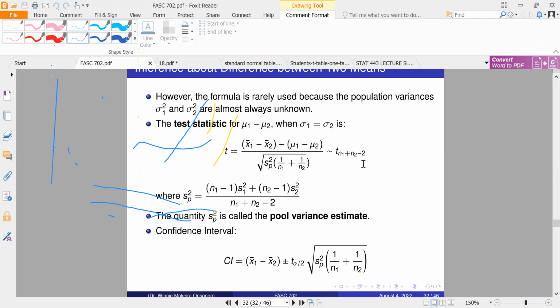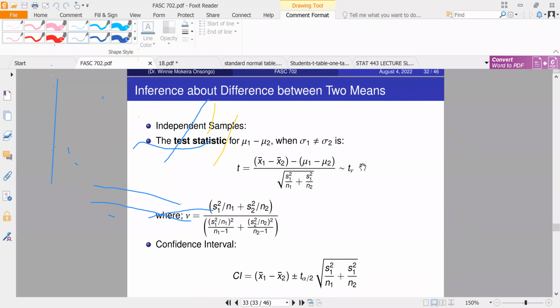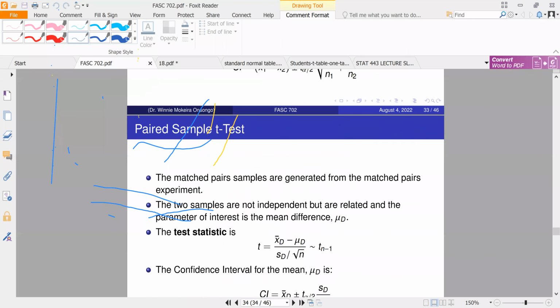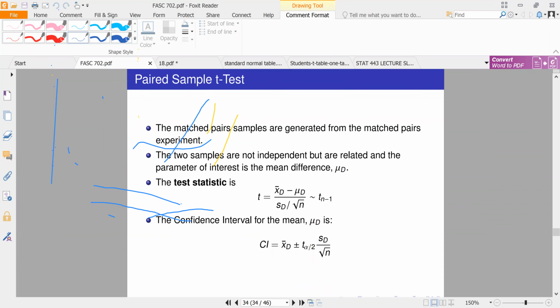We are moving from this difference of means, and then we come to the case of the population proportion. In the same way, the population proportion has its sampling distribution, and that sampling distribution is normal.